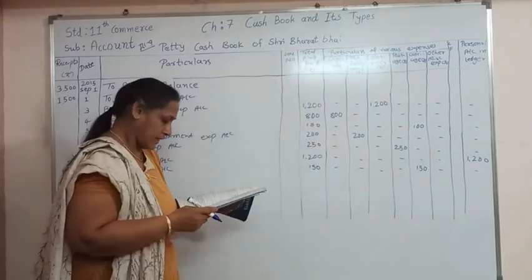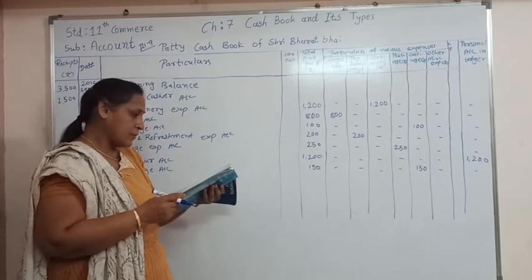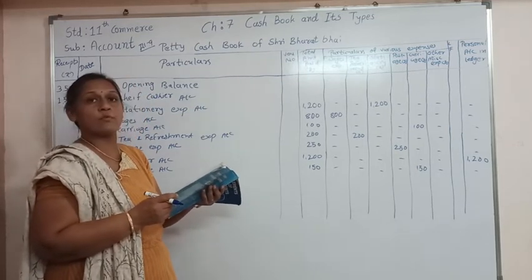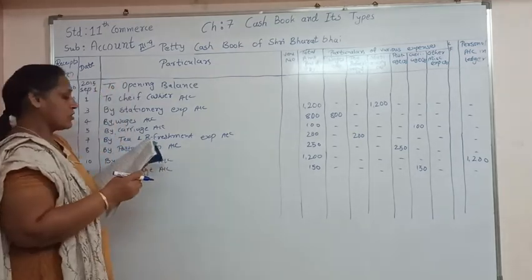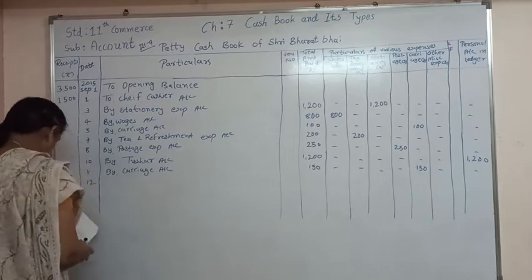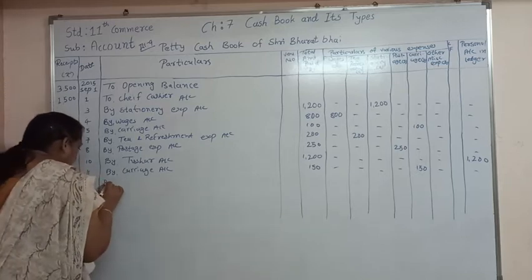Now on 12, rupees 180 paid for wages and 170 paid for postal stamps. So here on 12 we will write by wages and postal stamp expense.